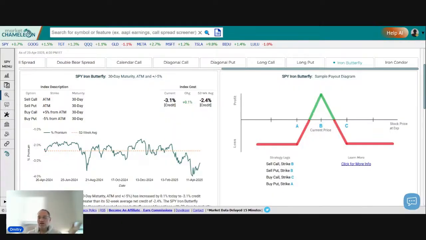And if you do that, you'll keep the credit that you receive for selling this strategy. The reverse side is you would want the stock to move away from it and end up above strike C or below A.